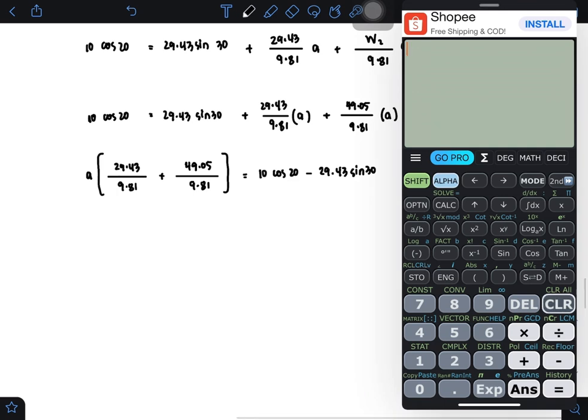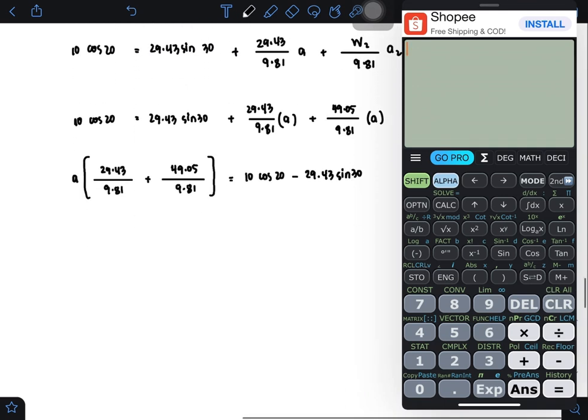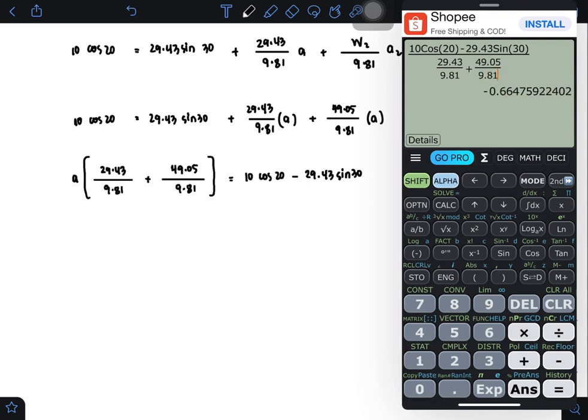So the acceleration is 10 cosine of 20 minus 29.43 sine of 30, divided by 29.43 over 9.81 plus 49.05 over 9.81.